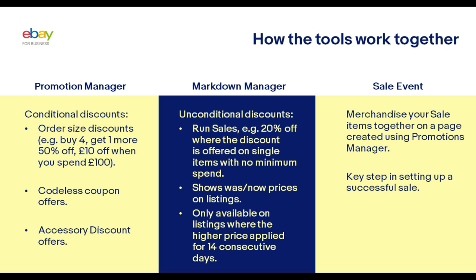If you want those promotional flashes to appear, you must combine it with Promotions Manager and run a sale event. So if you've been wondering why your discounts on Markdown Manager aren't triggering those flashes, that's why. Equally, it's not enough just to turn on that flash facility. You need to have the discounts behind it. And Markdown Manager is the tool that drives those discounts.